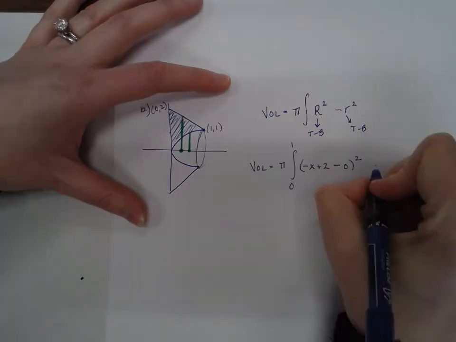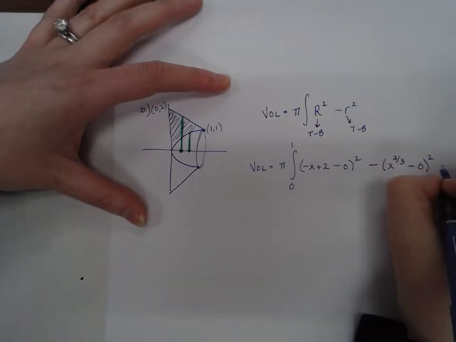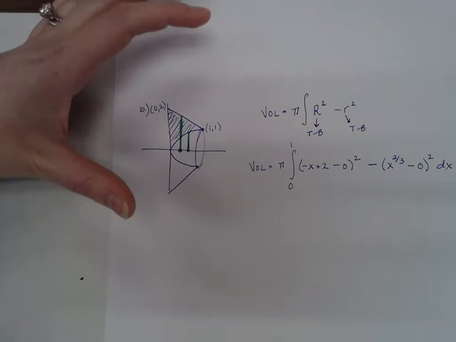So that's the pi big radius squared minus, now I have to do the smaller radius, top minus bottom squared dx. And that's your setup for that. Okay?